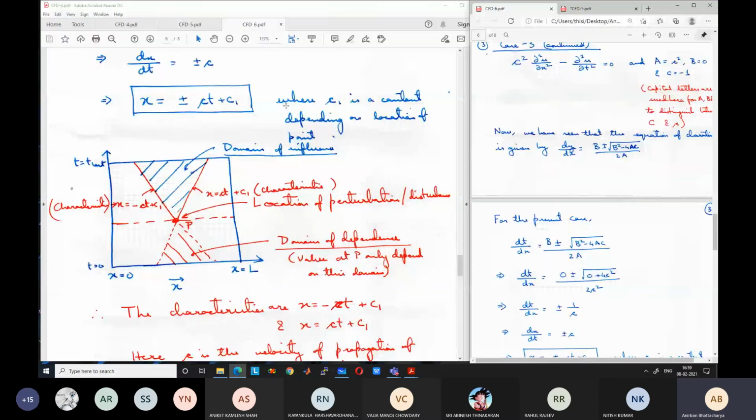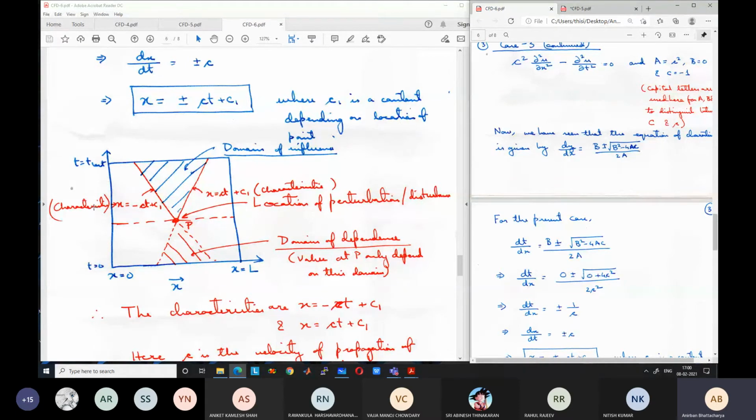So what does this horizontal line in this xt domain mean? Physically, it is all the locations from 0 to L at a certain time t.